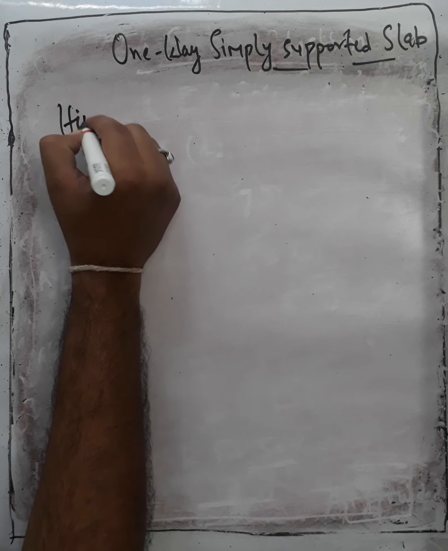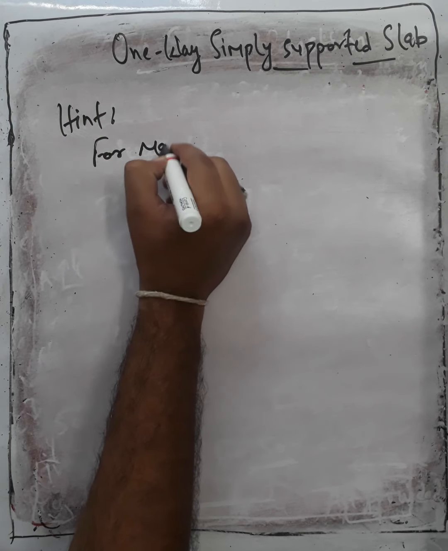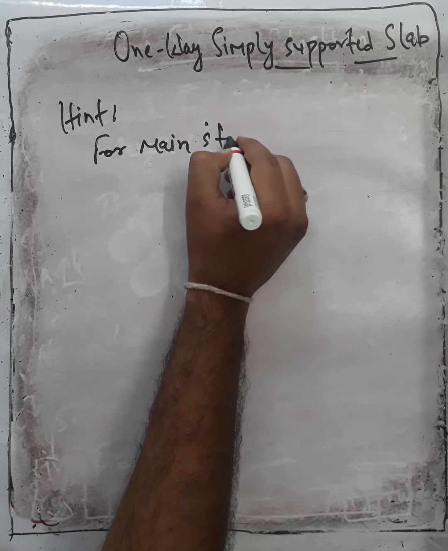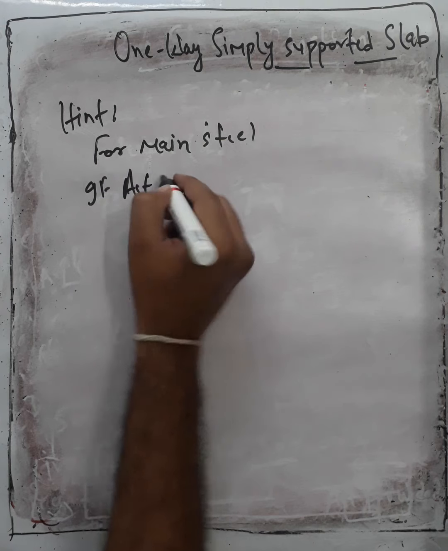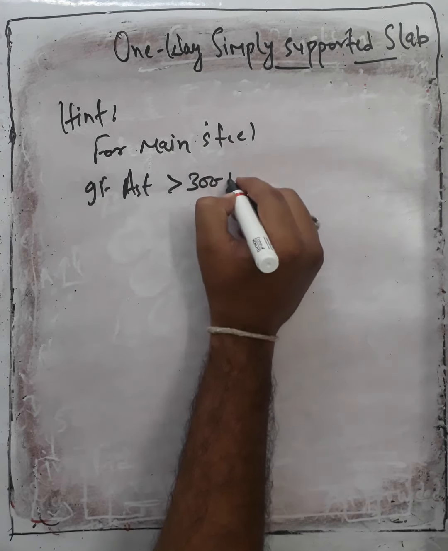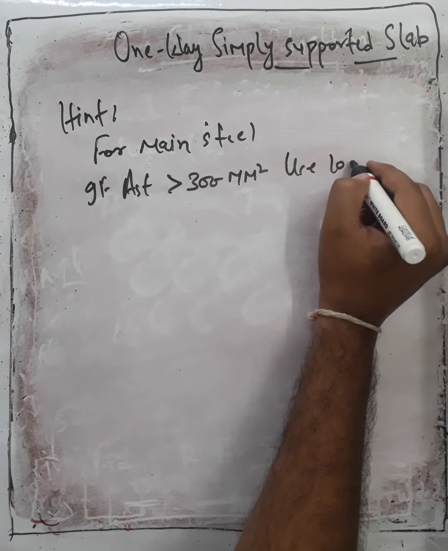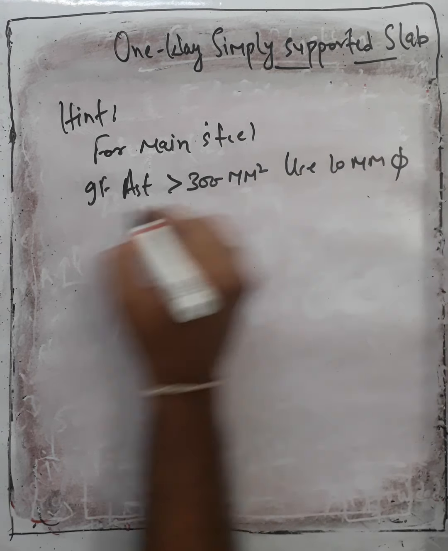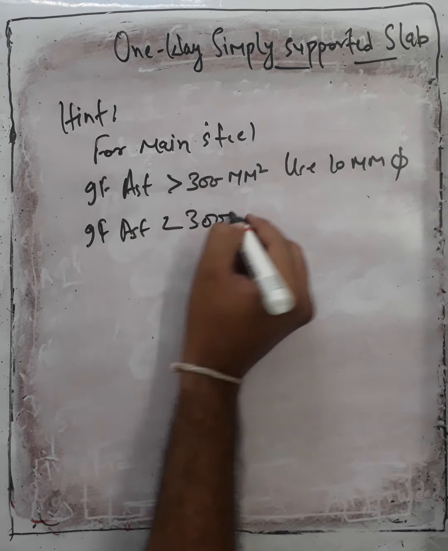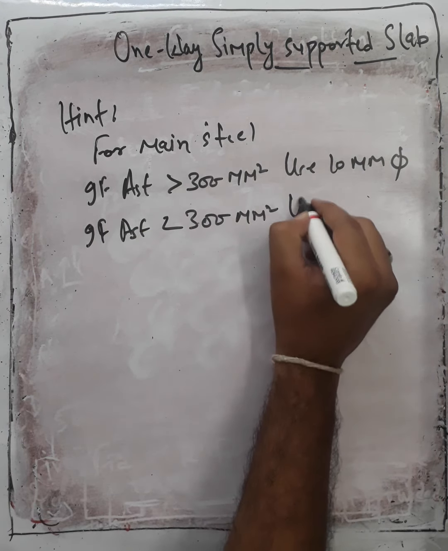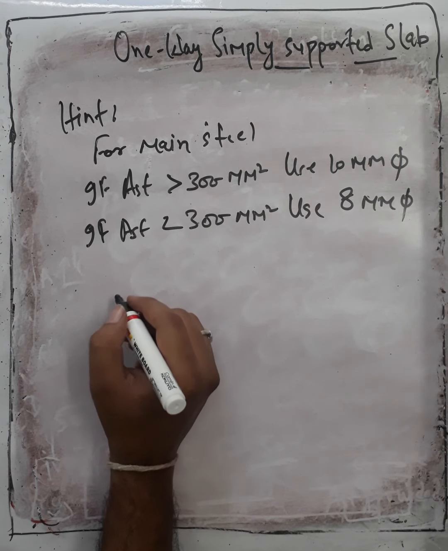For main steel, if AST is greater than 300 mm square, use 10 mm bars, and if AST is less than 300 mm square, use 8 mm bars.